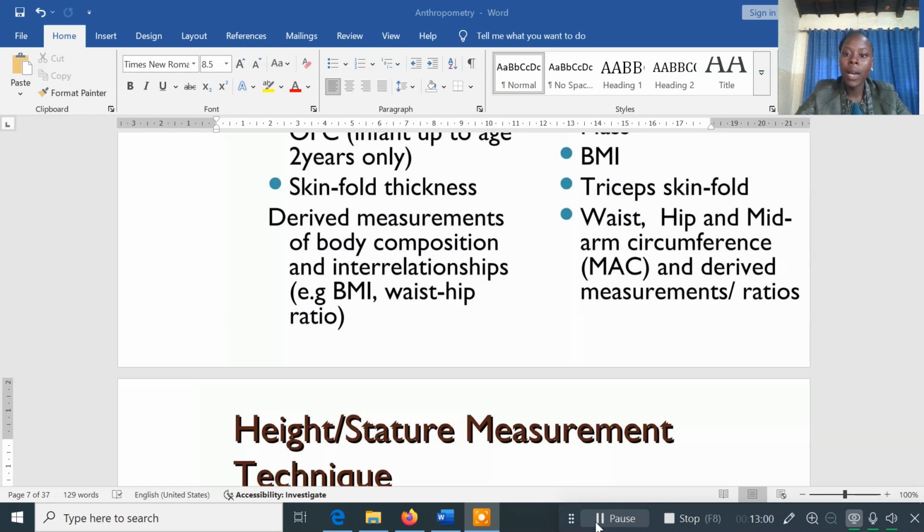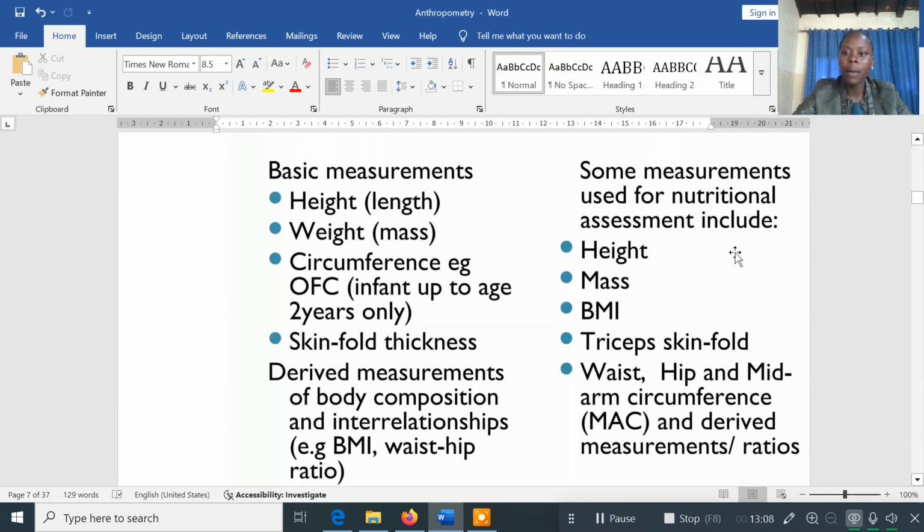And for the BMI, we shall see how we calculate it. Okay, so we also have some measurements. So for measurements that are used for nutrition assessments, we use the weight or the mass, the height, and then the BMI.